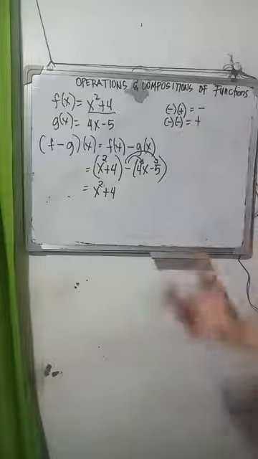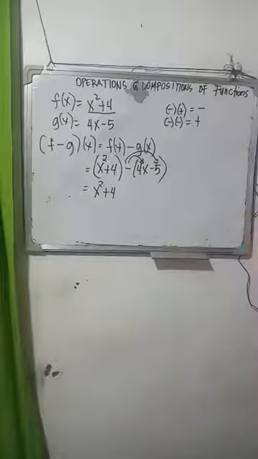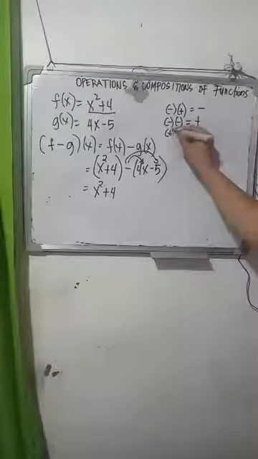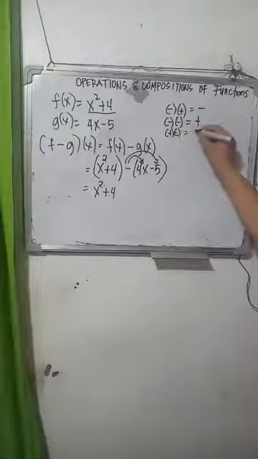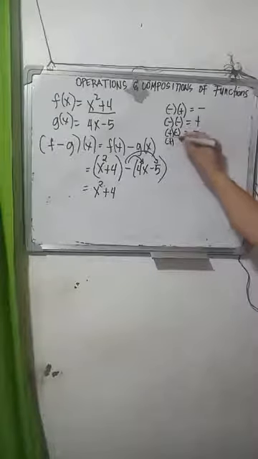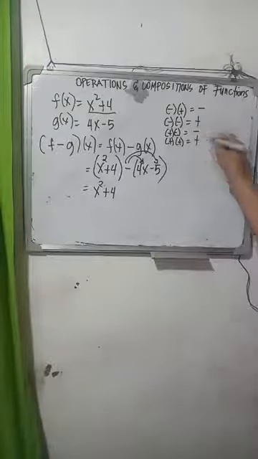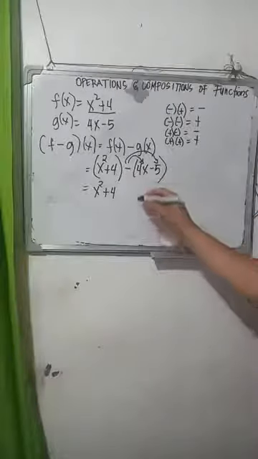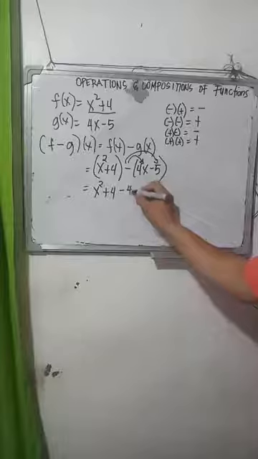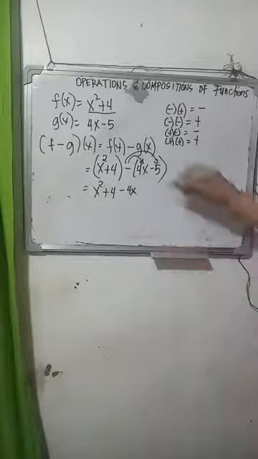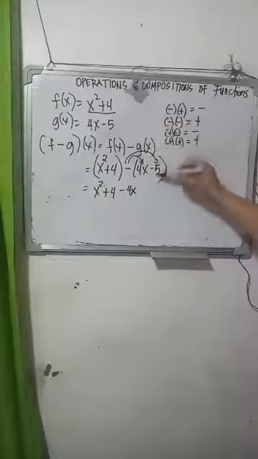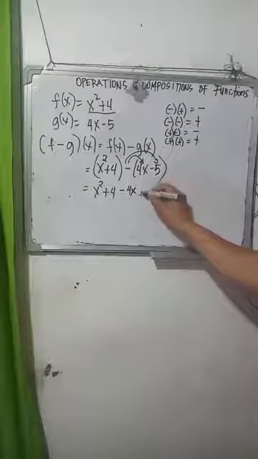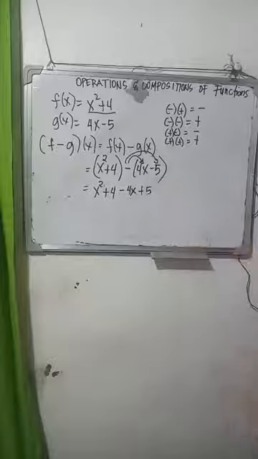Dapat alam nyo yung sign. How about positive times negative? That is negative. Then positive times positive, that is positive. So negative times 4x, that is negative 4x. Then negative times negative 5, that is positive 5.